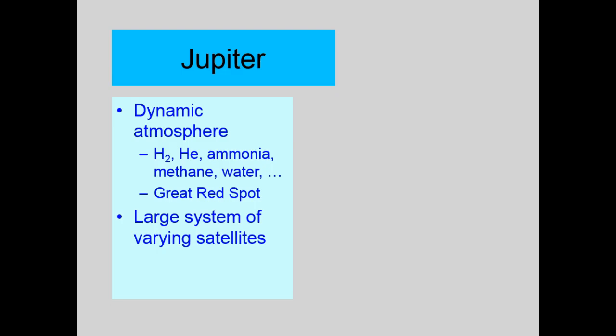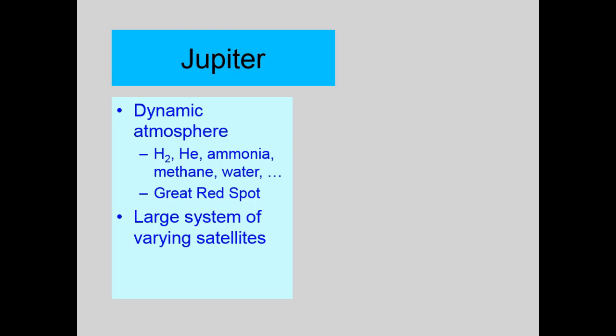Mostly hydrogen with helium, with ammonia, with methane, and water. Water vapor, gaseous water. It seems like it would be so cold it couldn't be liquid water, but it has water in its atmosphere. And like I said, the Great Red Spot. Okay, a huge storm that's been raging and raging as long as we've had pictures of Jupiter.